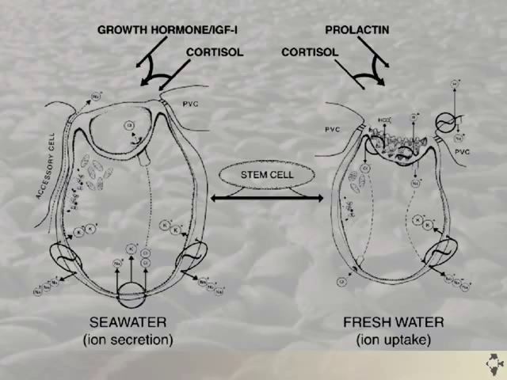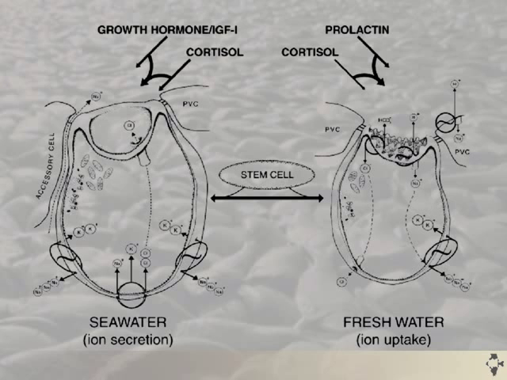So you can see here at the top we have cortisol and growth hormone, or IGF-1, insulin-like growth factor 1. Those two are responsible for inducing the development of seawater adapted chloride cells, whereas fish that require the development of freshwater chloride cells are typically under the influence of both prolactin and cortisol.